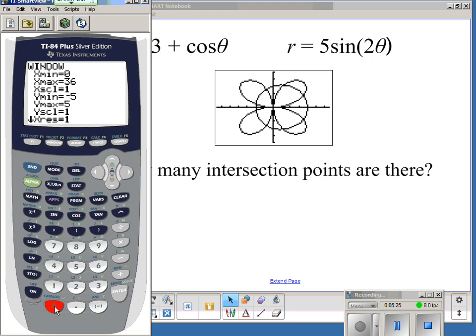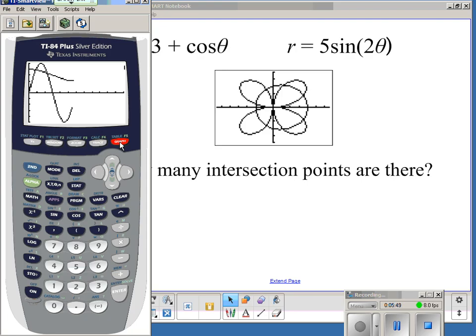We're going to see the intersections in one trip around. And now I need a bigger x scale as well. I think my y scale will be fine because 5 sine 2 theta doesn't go any higher than 5 or negative 5, but we'll check. My x scale, let's look at maybe by 30 degrees. And let's look at our graph and see how that goes. Yes, it will be plenty high enough.